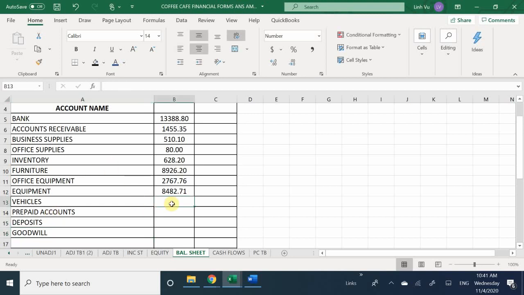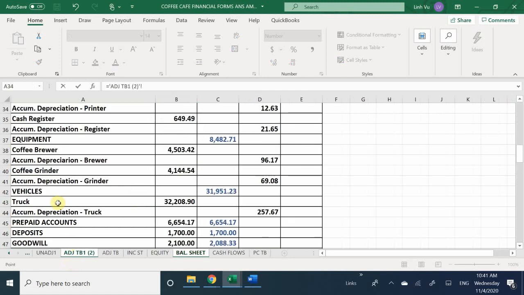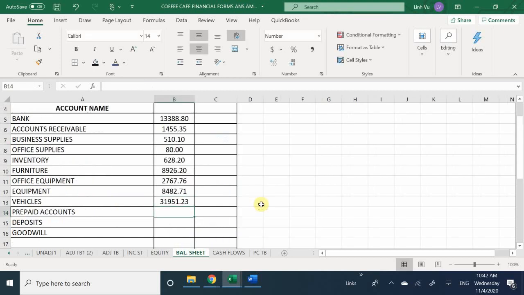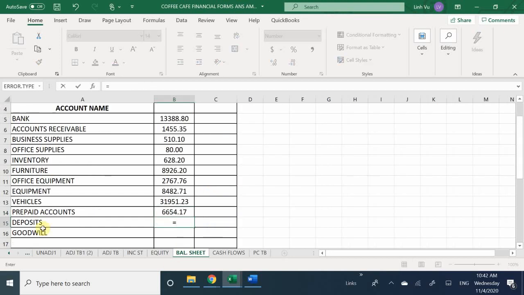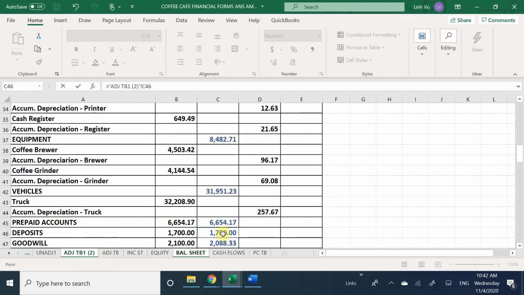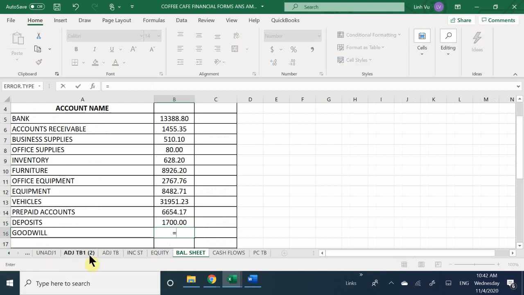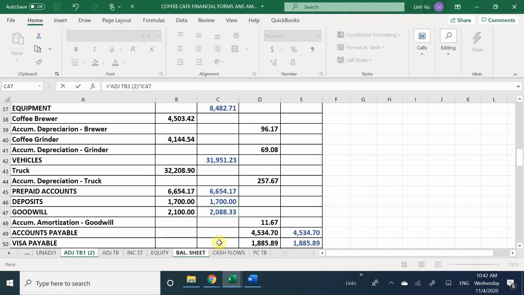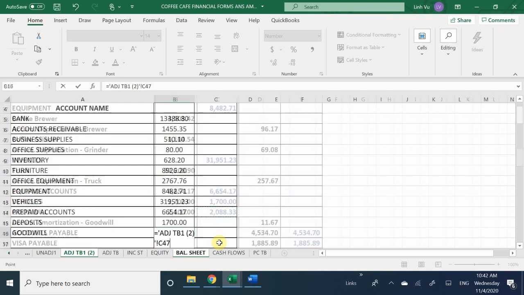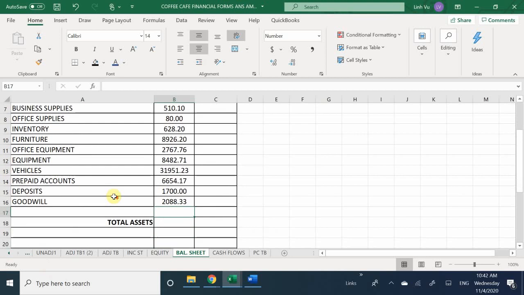So what are my vehicles for? 31,951.22, mm-hmm. And then my prepaid, 17. 17, mm-hmm. My total deposits, 1,700, 1,700, and my total goodwill, 2888. Good. All right, and those are all my total assets.